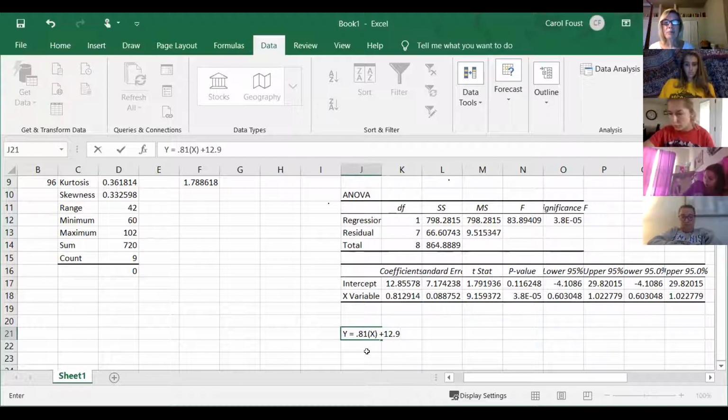Then I could plug someone's midterm score in and predict what they would get on the final. For instance, if somebody had gotten a 90% on the midterm, I would do 0.81 times 90, and then add the 12.9.